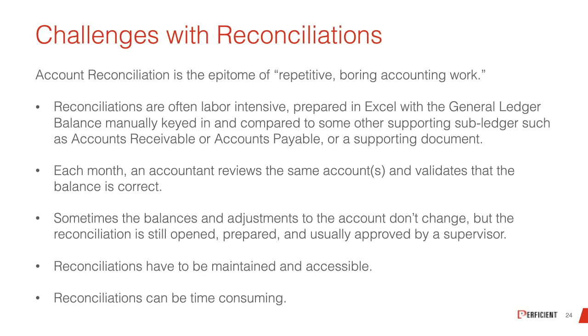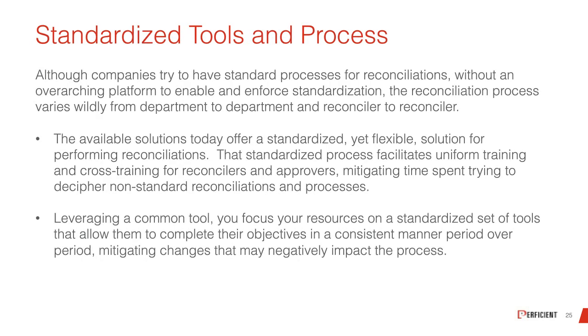So let's talk about some of the benefits of both process and technology improvements. Really, what we're looking at is a way to standardize the tools and process. At a lot of our customers, we see them using Excel. However, different departments do it differently. It's not standardized. When the controller looks at a rec from one department versus another rec, it's different.